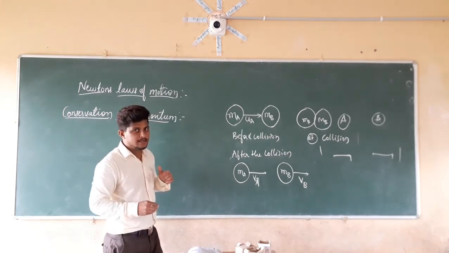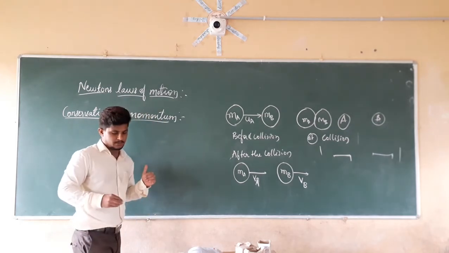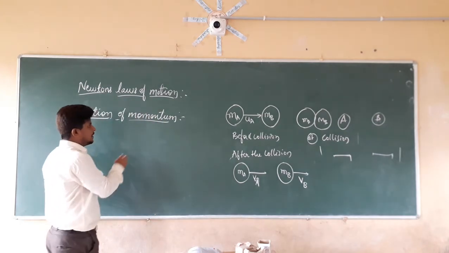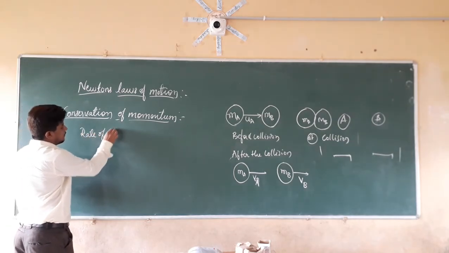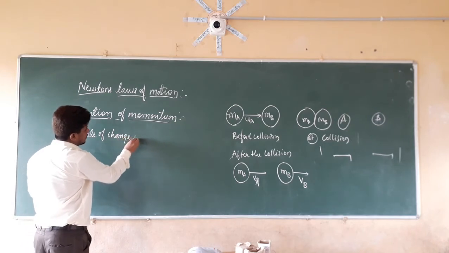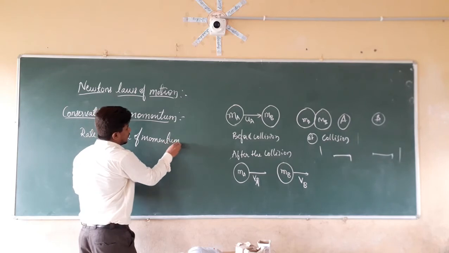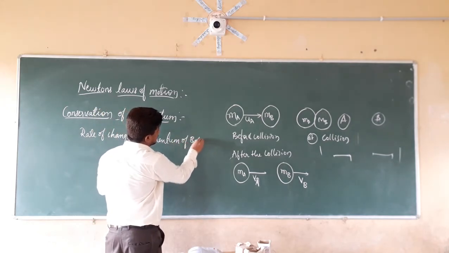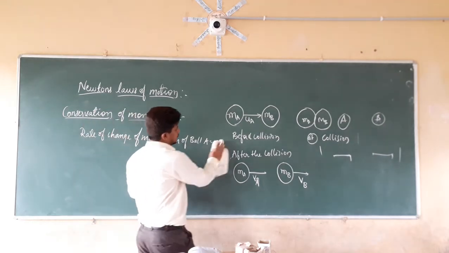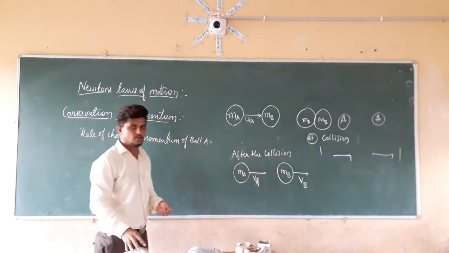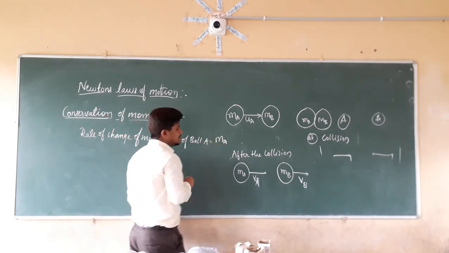So when you check here, the rate of change of momentum of ball A is given as, the ball is having the mass of MA, right?